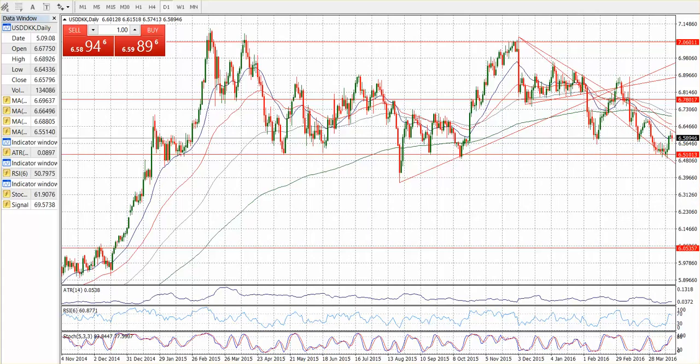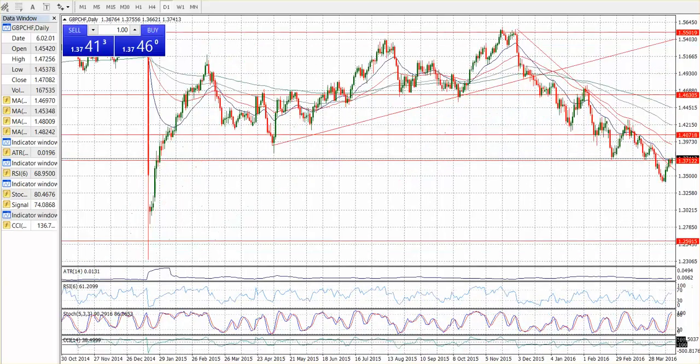What we are looking at though is pound Swiss. You can see a lovely downtrend there. Ideally, if we had a high test on Friday, we'd be entering this trade right now, but we had a buy bar, so we're going to have to wait for the right signal to enter that. That one's looking very interesting.